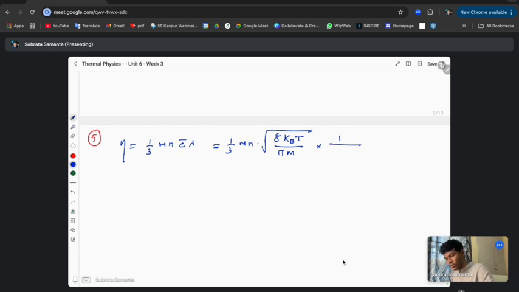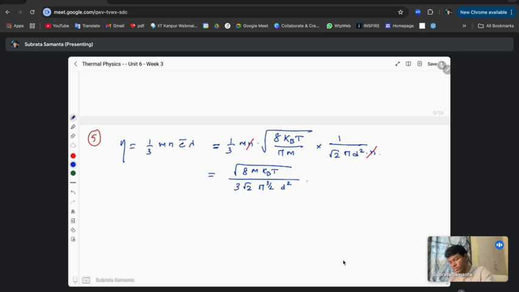It's 1 over square root of 2 pi d square times n, the number density. So n cancels, right? So we are left with square root of 8. Here is m, here is m, so 8 m k_B T over 3 root 2, pi to the power 3 over 2 and then d square, right?